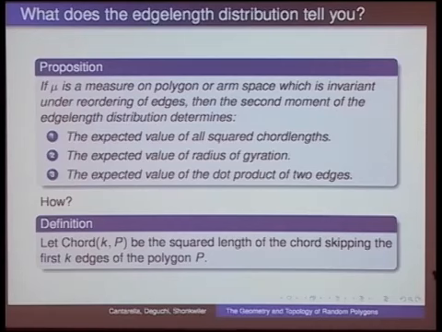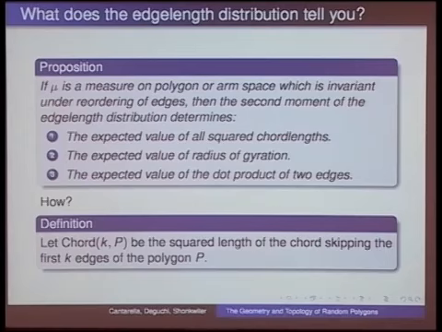what does this edge length distribution tell you? Well, here's an amazing fact, also due to Ken and Laura Zerbal. If you have a measure on a polygon space or an arm space which is invariant under reordering the edges, which is certainly little enough to ask for, then the moment of the edge length distribution determines the expected value of all squared chord lengths, right?